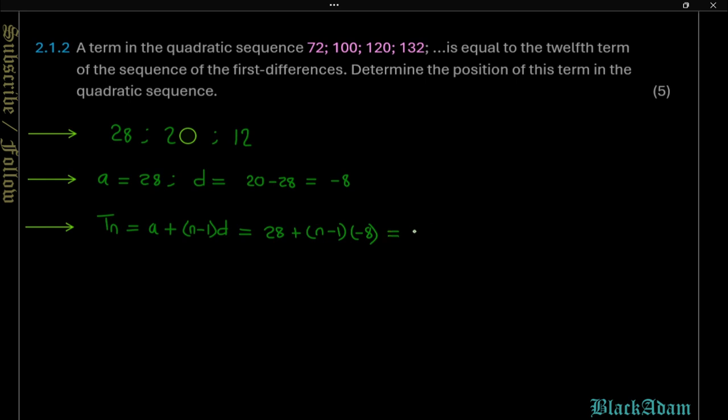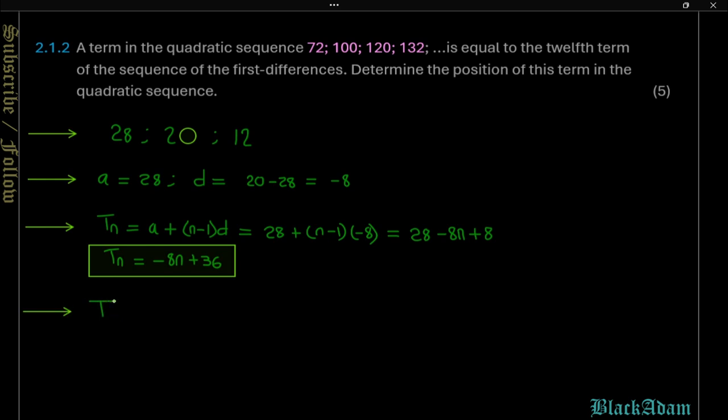So we have 28 plus negative 8 times n, that's negative 8n, and then negative 8 times negative 1, which is plus 8. Our Tn is 28 plus 8, which is 36. So we have negative 8n plus 36, and that's it.